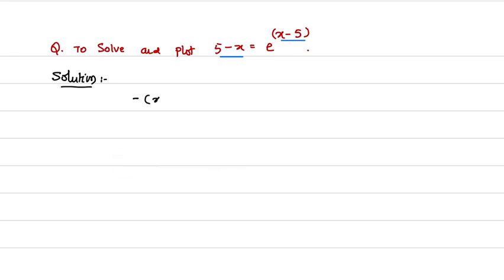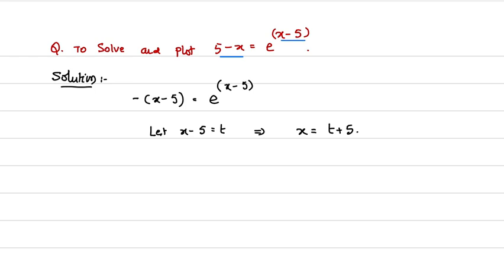Minus x minus 5 is equal to e to the power of x minus 5. Let x minus 5 be equal to some t. That implies x is equal to t plus 5.